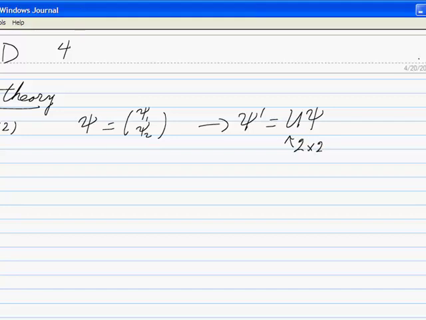If you factor out a phase, so it's a unitary matrix, it's written U is e to the i alpha dot tau, where these are the Pauli matrices.